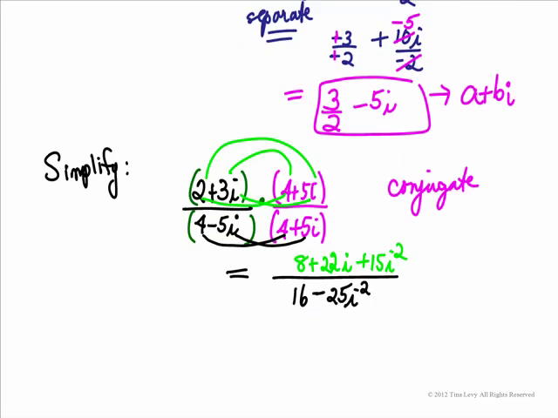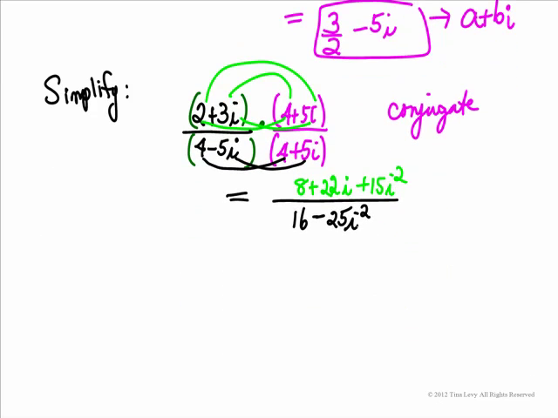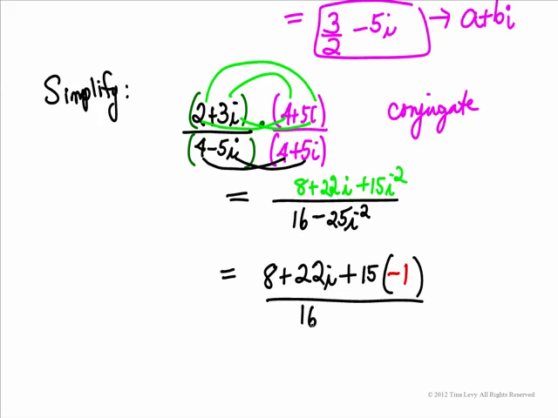We're now ready to begin finishing it. The i squareds will become negative 1, so it's 8 plus 22i plus 15 times negative 1 divided by 16 minus 25 times the i squared becomes a negative 1.